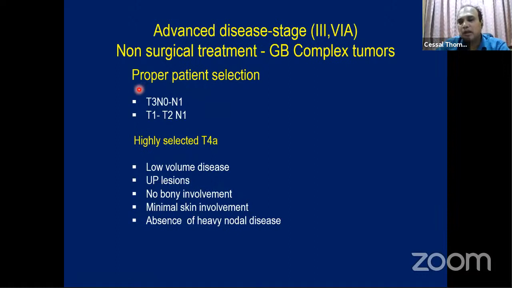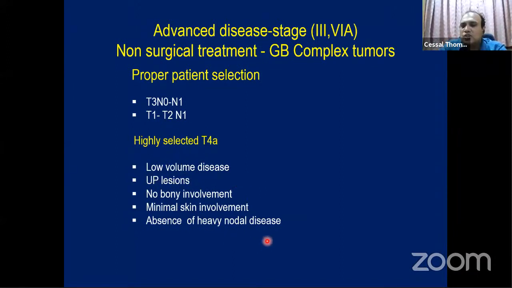In a gingivobuccal complex tumor, T3 disease, N0 or N1, or an earlier disease with N1, you can consider the patient for non-surgical treatment. Outcome will be more or less the same. In T4 disease of the gingivobuccal complex, you have to be very judicious in taking the patient for a radical approach. The patient should have a low-volume disease, skin involvement preferably less than 1 centimeter, a good exophytic, proliferative tumor, minimal skin involvement, and absence of bone involvement.